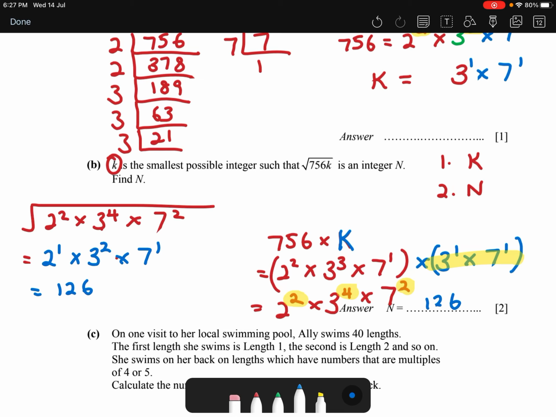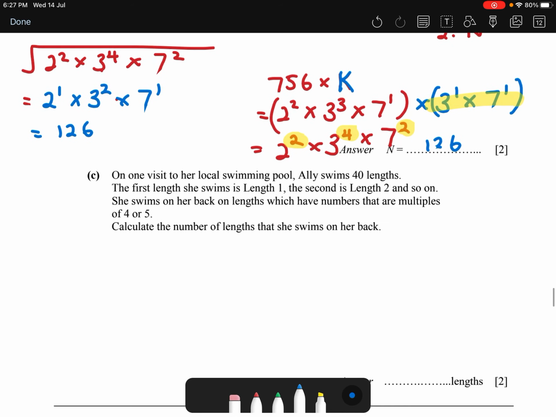Okay, part C. On one visit to her local swimming pool, Ellie swims 40 lengths. The first length she swims is length 1, the second is length 2, and so on. She swims on her back on lengths which have numbers that are multiples of 4 or 5. Calculate the total number of lengths that she swims on her back.